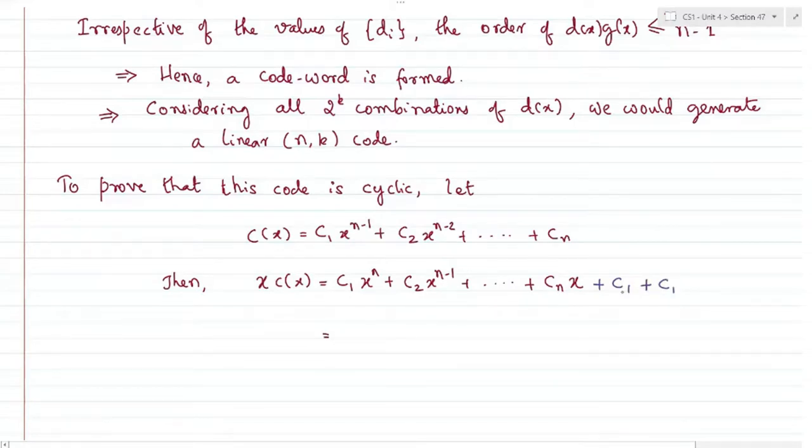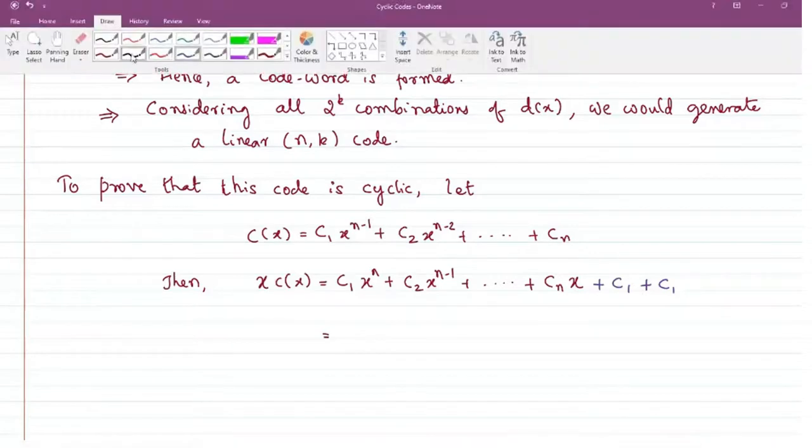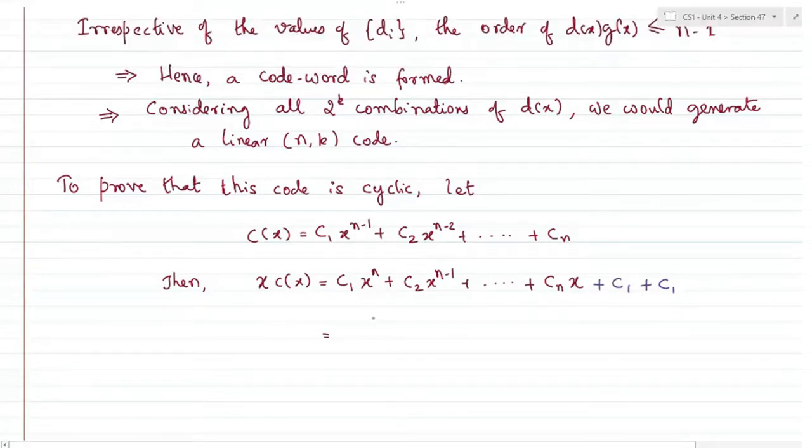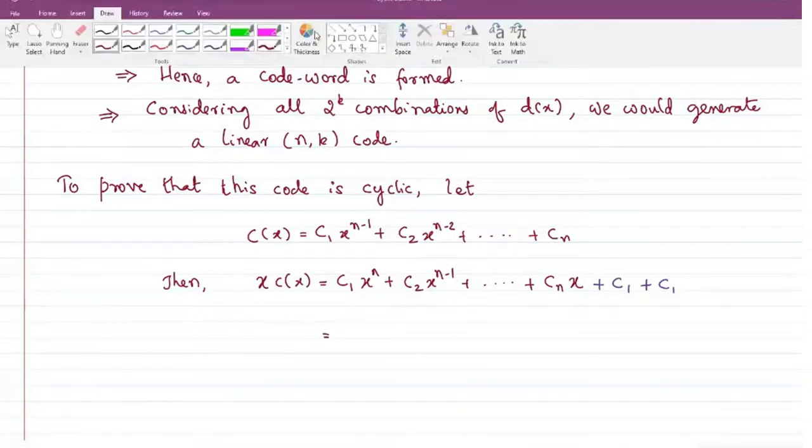We know that bit addition of 0 results in 0, and addition of ones in binary or modulo 2 addition also results in 0. So C1 plus C1 will not affect anything in the original polynomial equation, but this will help me where I'll take C1 to one term and combine these two terms.